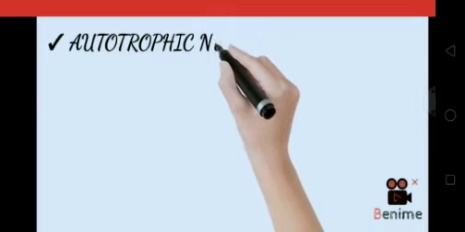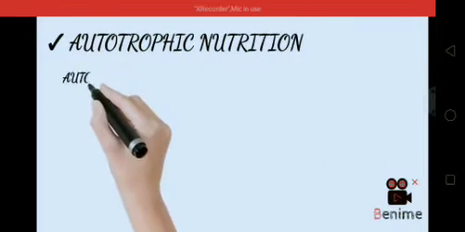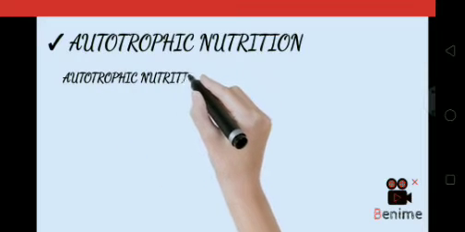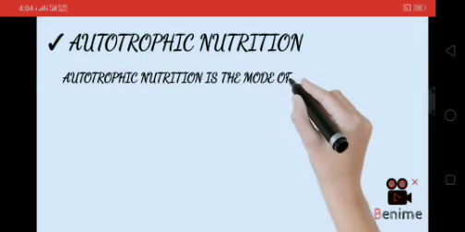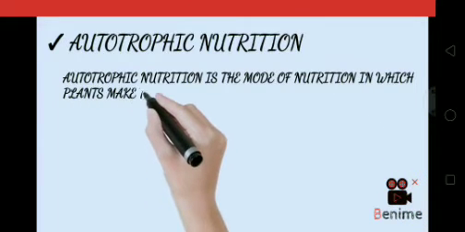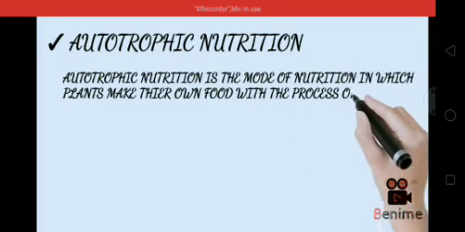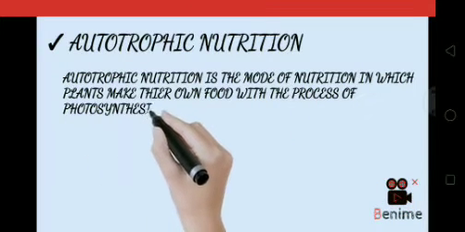Now what is autotrophic nutrition? Autotrophic nutrition is the mode of nutrition in which plants make their own food with the process of photosynthesis.